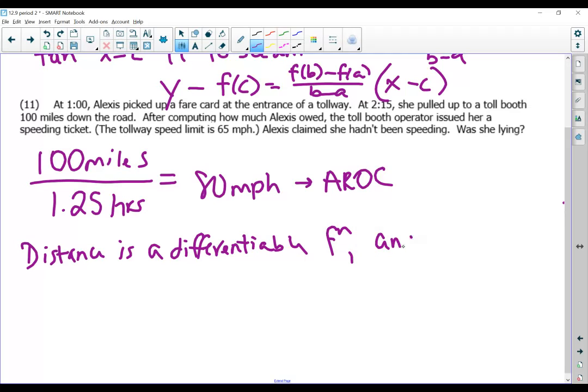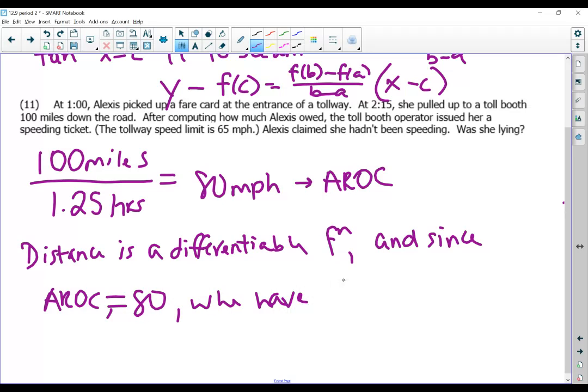And since her AROC is 80, we have to hit an actual value of 80 at least once. Okay. So since we can guarantee that she had to go 80 at some point, we would have to give her a ticket. So Alexis is a big fat liar, in other words.